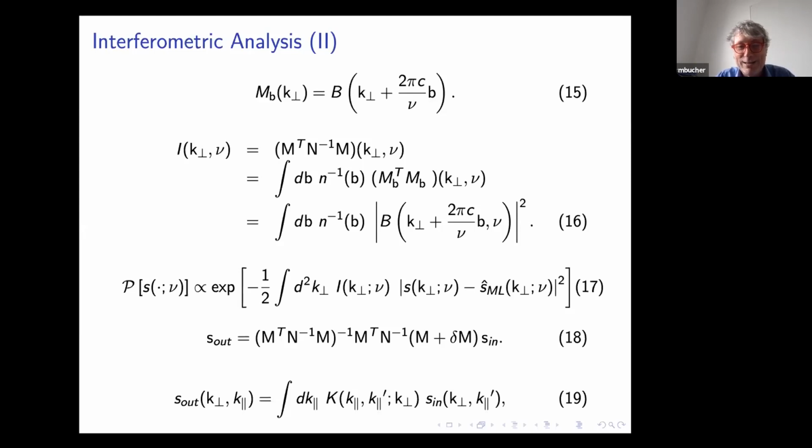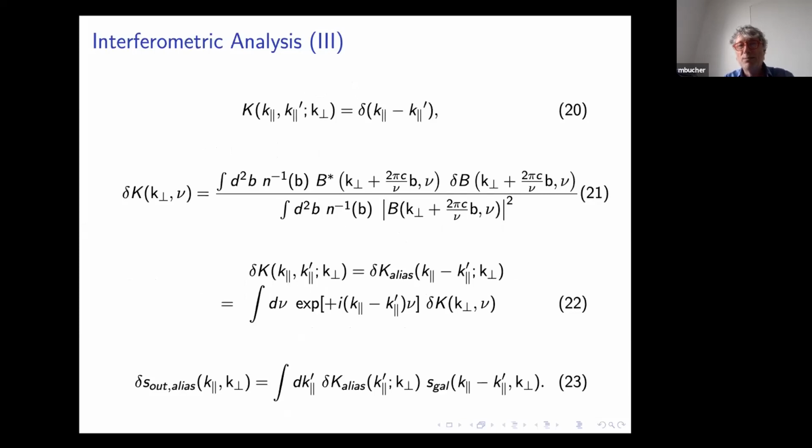And here, with a further approximation, the a_lm's, I mean, those sectors don't mix with each other. It's block diagonal. So we're really worried about fictitious moving around of power in k parallel, which is the Fourier transform of the frequency direction.